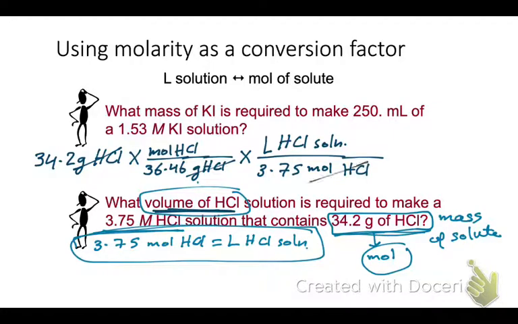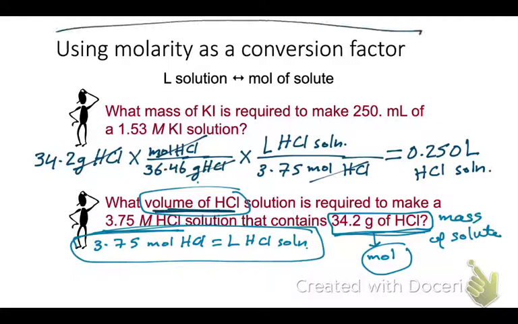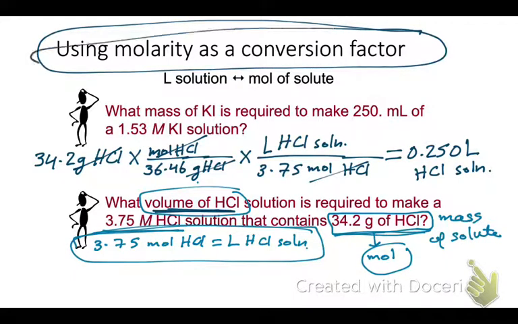So now this will cancel out, and I am left with liters of solution, and I have to keep 3 sig fig. The answer will be 0.250 liter of HCl solution.